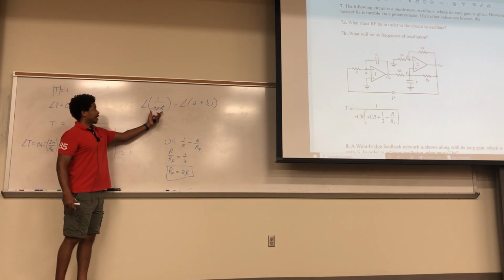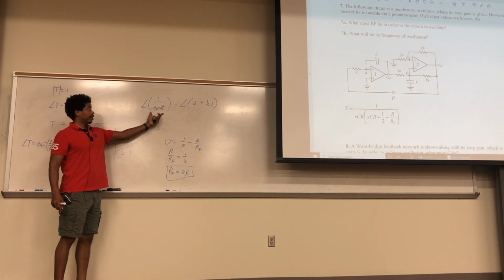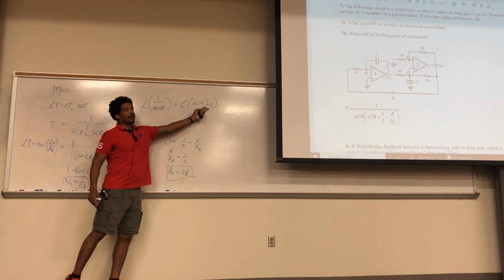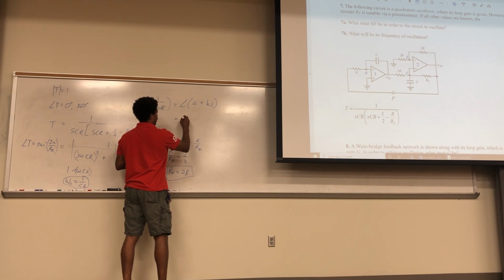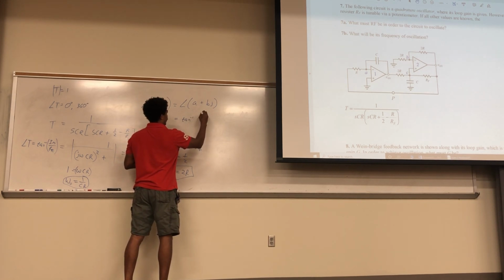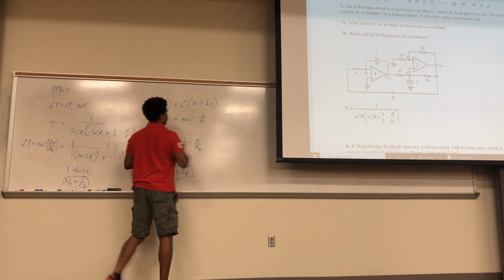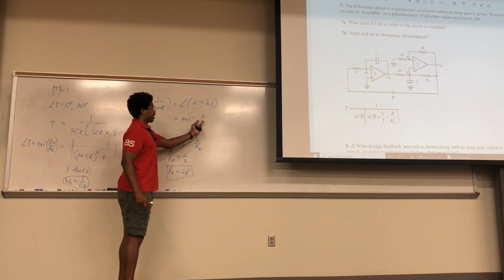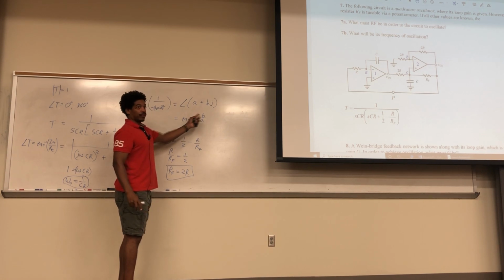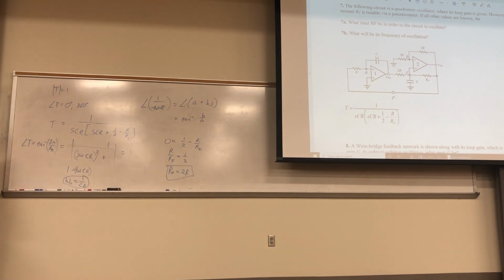The A part is negative, but you have no imaginary part. So for the angle, it needs to be B over A, because this is the imaginary part. And even though A is negative, the imaginary part is 0. Yeah, so we're okay.